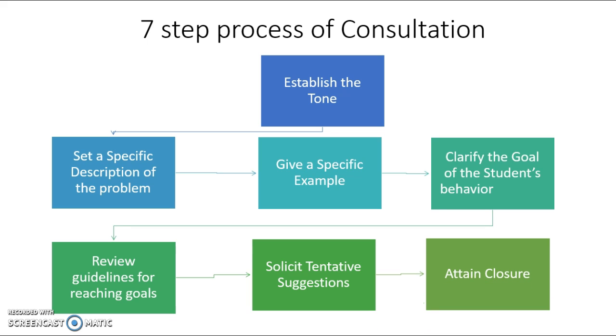And step 7 would be to attain closure. So to get commitment to specific solutions, review exactly what they will do, measurable behaviors, and to set up a follow-up meeting to evaluate the effectiveness of the consultation intervention. At that closure moment, it really is important to set that next meeting with the consultee so that they know that you are in this process together.